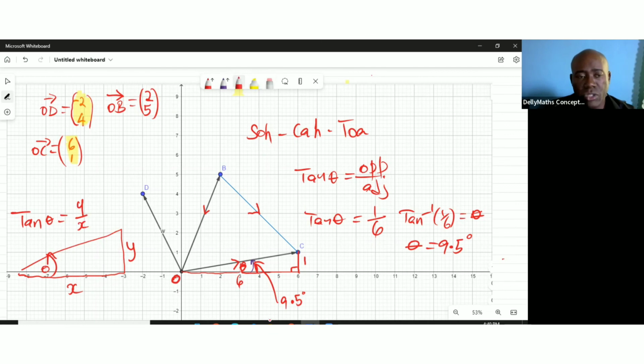So then what we're saying is tan inverse of y over x will always give us the angle that the vector makes with the x-axis. All right, so that's the angle that it makes with the x-axis from a general point of view.